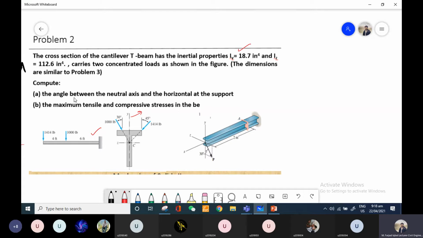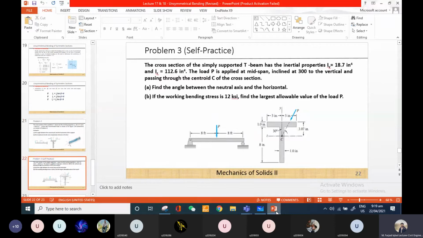And we need to compute the angle between the neutral axis and the horizontal plane or the principal plane, or in other words I can say that we need to figure out the orientation of neutral axis. And the next thing that we need to do is to find out the maximum tensile and compressive stresses in this beam. So these are the two things that we need to find out.